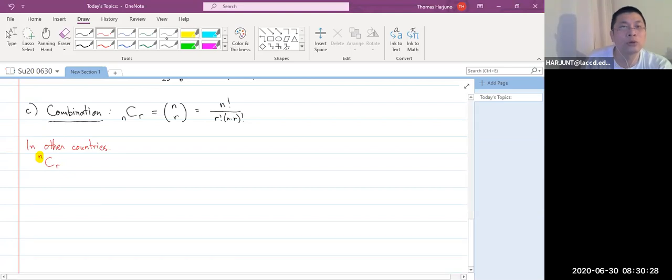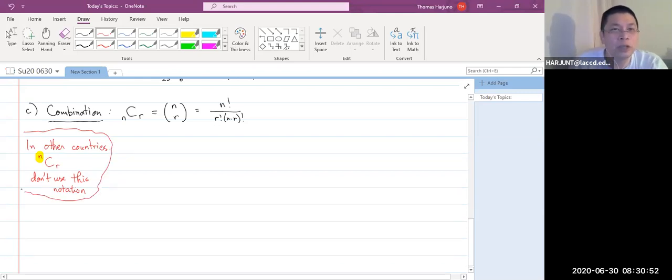So for the person who used this notation in your test one, I didn't teach you this method yet, so I forgive you. But next time when you write this combination, I need you to write it either this way or this way. Preferably this one in this class. Why? Because that's the notation you use for your calculator.